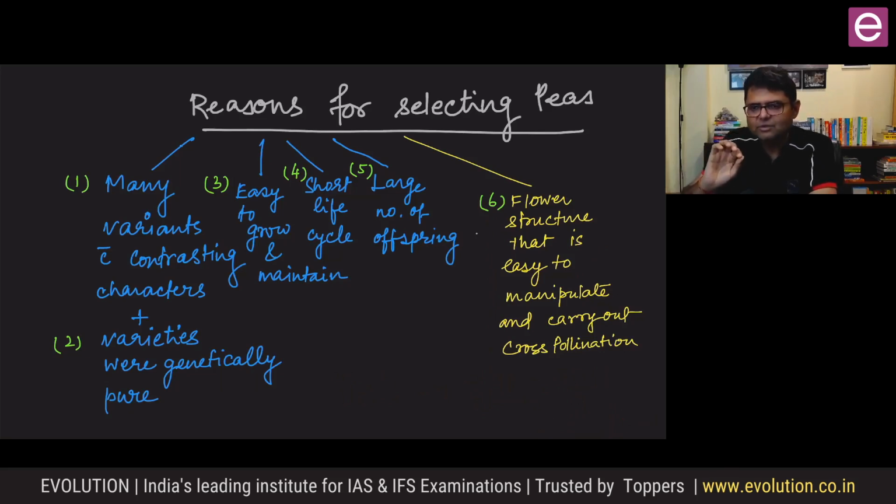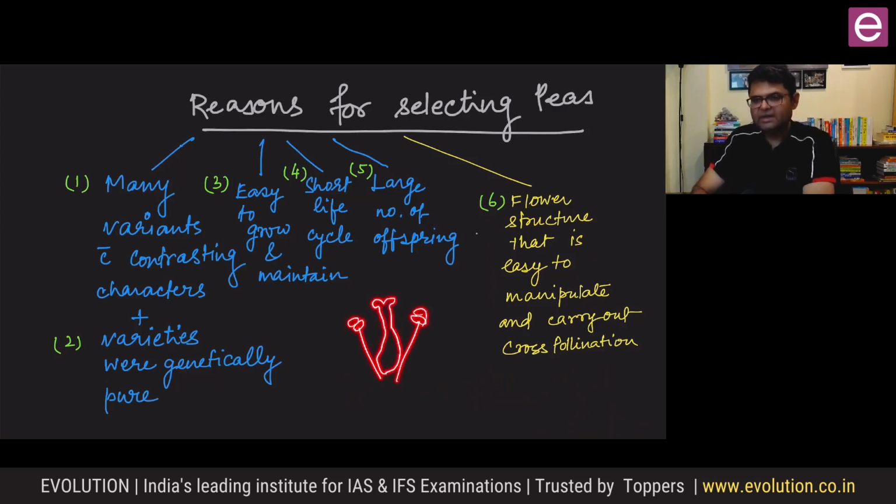Whenever you do this, it is important that the dwarf plant's stigma does not get pollinated by the pollen grain of its own flower, because garden peas have a complete flower. Complete flower means it will have a stamen and it will have a carpel also.